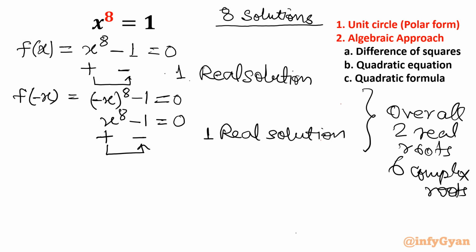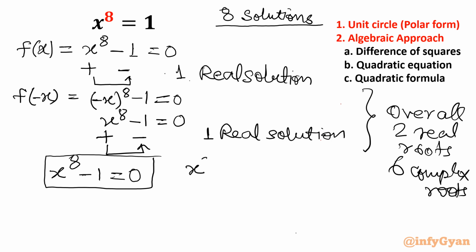Now let's talk about our problem, that is x power 8 minus 1 is equal to 0. Now I will write x power 8 is equal to cos of 2n pi plus i sin 2n pi, because of the even multiple, I will be getting 1 for sure.